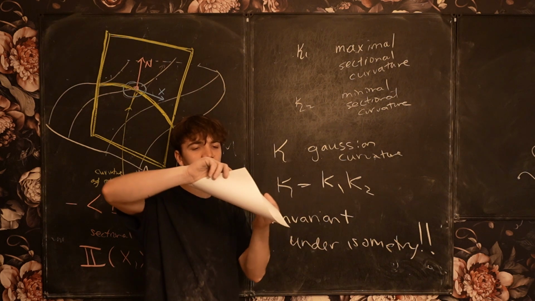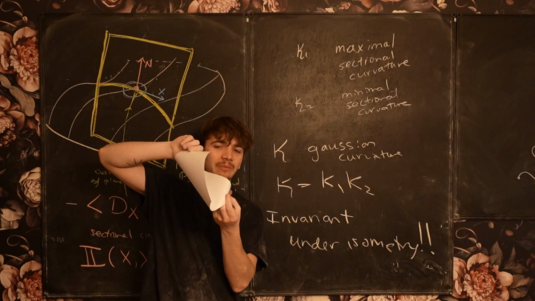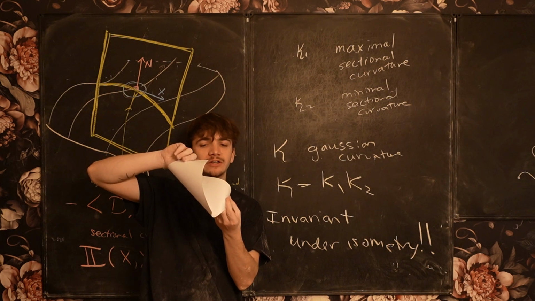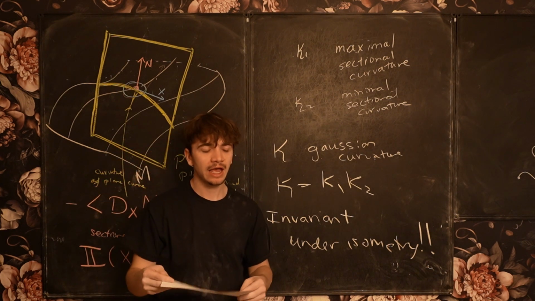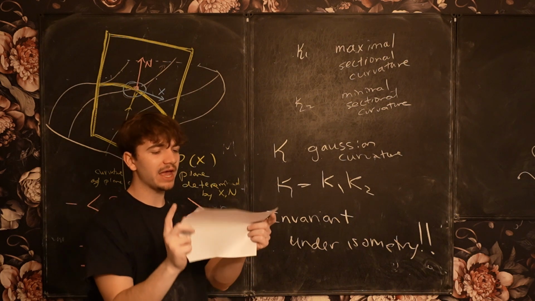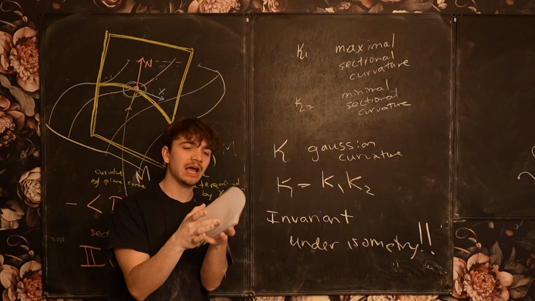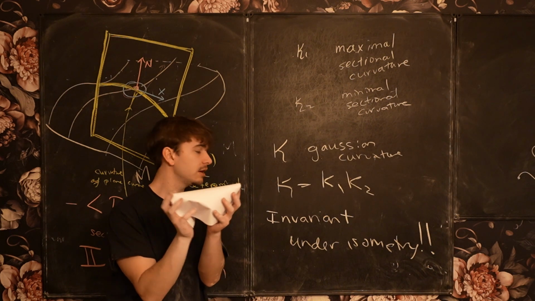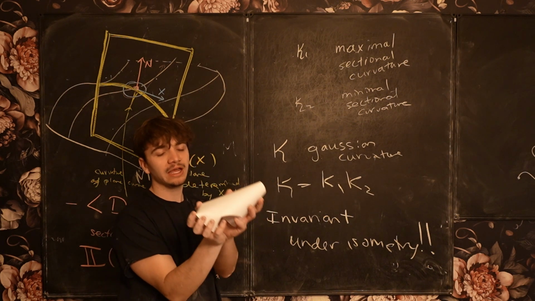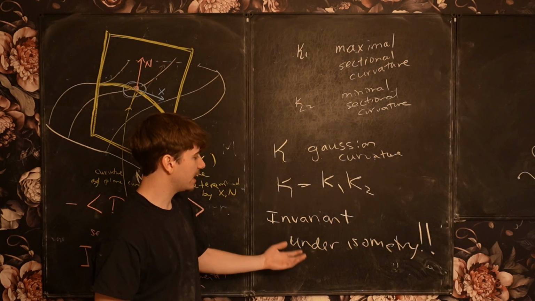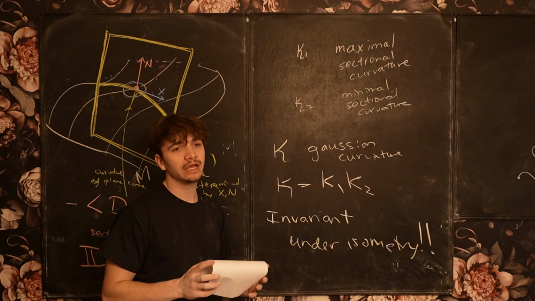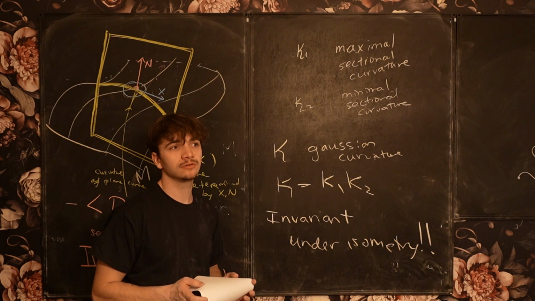So even if I bend the paper like this, somehow the Gaussian curvature is invariant, okay? And so this tells me that I can never actually bend this piece of paper into a sphere, because the Gaussian curvature of a sphere is positive.